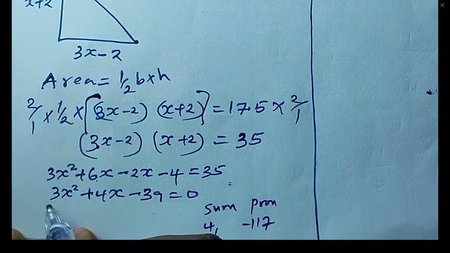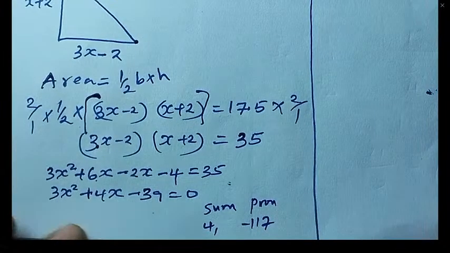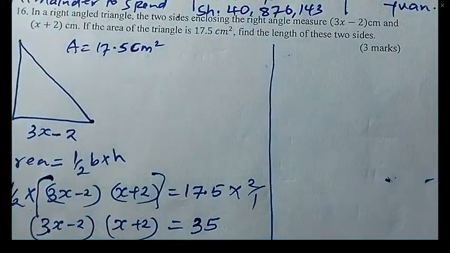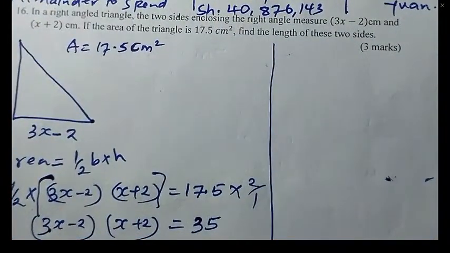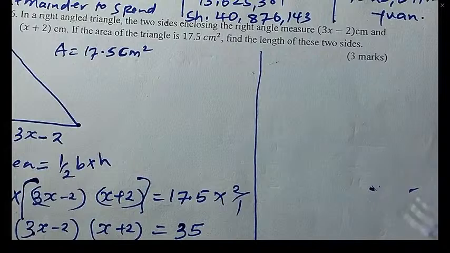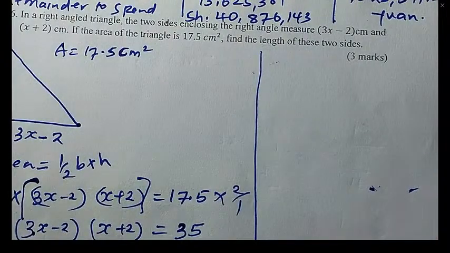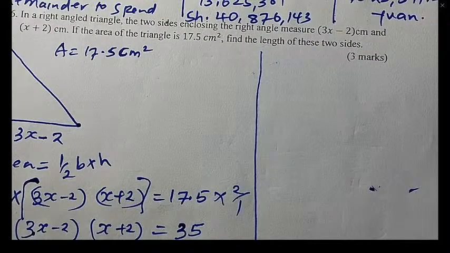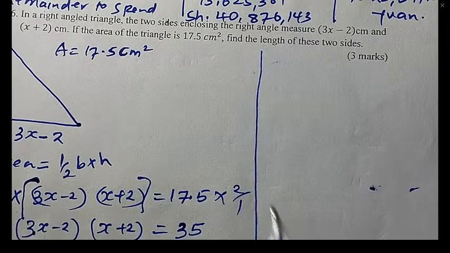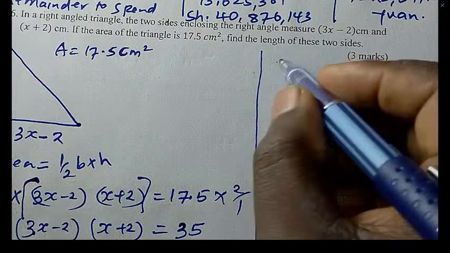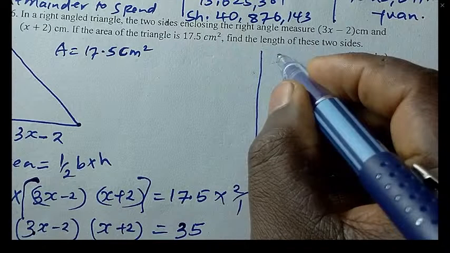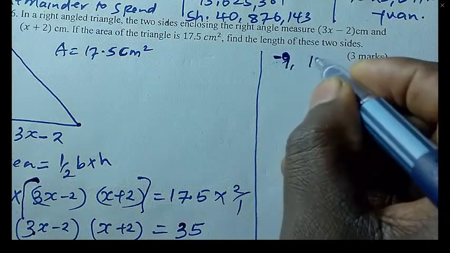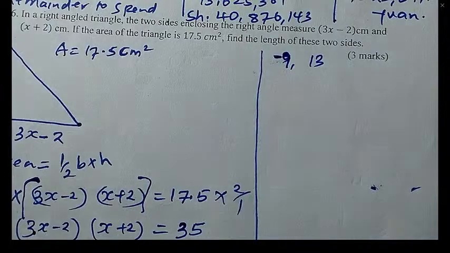That is 9 times 13. So the numbers are going to be negative 9 and 13. Those are going to be our numbers.